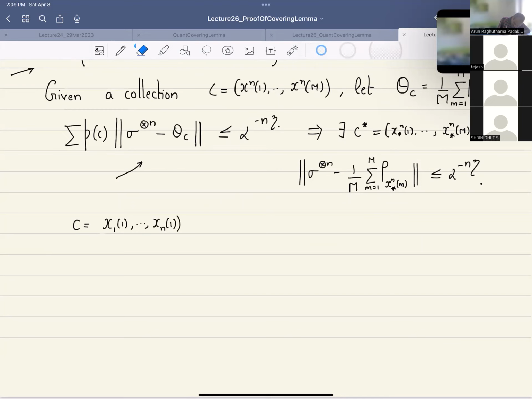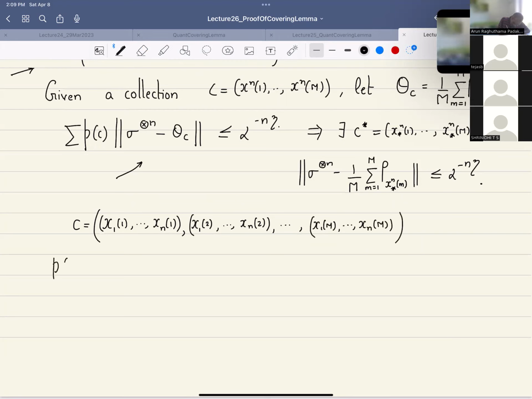Then x1 of 2 all the way until xn of 2. This is my second element in that collection, second what we call a code word. And x1 of m all the way until xn of m. So this is my collection.